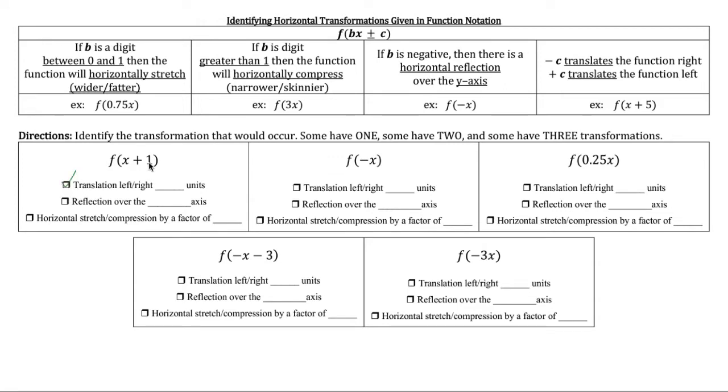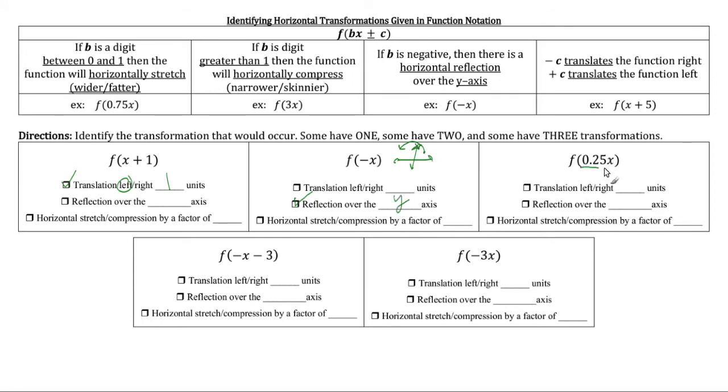Normally we think going right, but remember it's the opposite, so we're actually going left 1. In this one, the second one, we have this negative sign on all the x's, so we know it's going to be a flip, a reflection. Now remember that if we flip horizontally, I'm actually going over the y-axis.